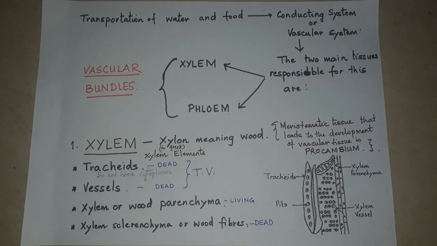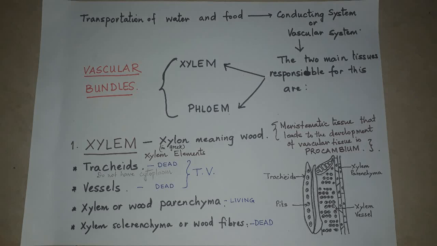Next we come to xylem parenchyma. Xylem fibers are at the end, which form the hard part of the plant body. So tracheids number 1, vessels number 2, xylem parenchyma or wood parenchyma the third, and beyond that is xylem sclerenchyma or wood fibers.